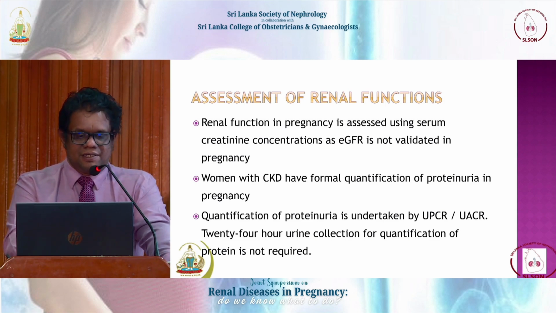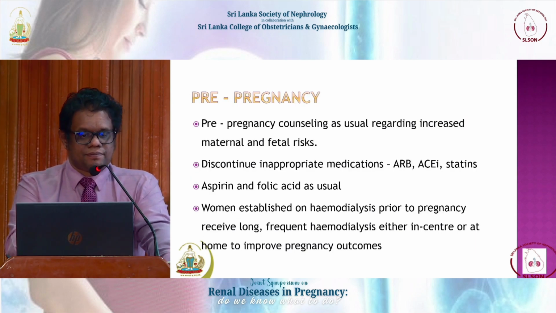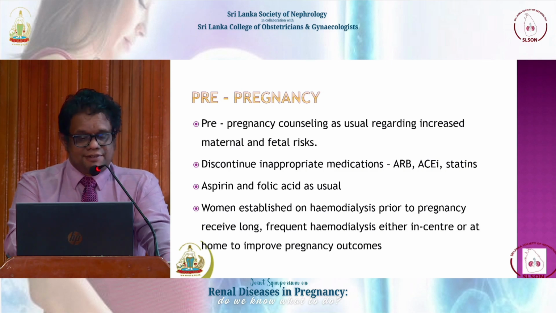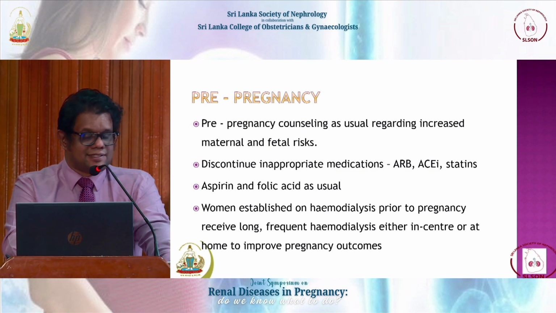A 24-hour urine collection is a bit of an overkill. These two simple tests are okay. Once again, pre-pregnancy counseling as usual regarding increased maternal and fetal risks, and discontinue inappropriate medications like ACE inhibitors, statins and ARBs.